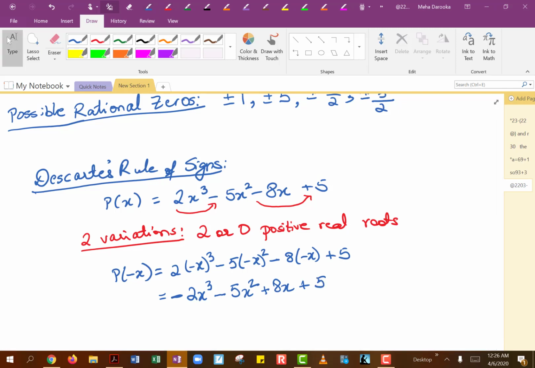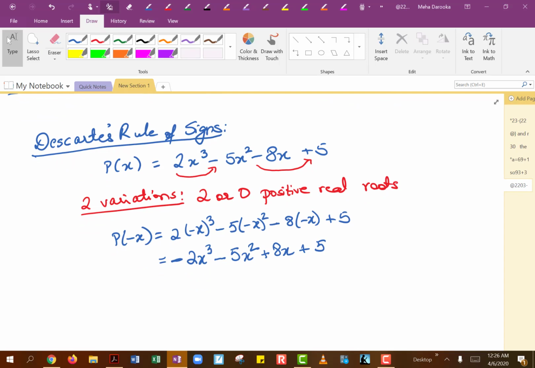Now, let's look at how many variations we've got. So I'm going from negative 2x cubed to negative 5x squared, so that's negative to negative, no change. But if I go from negative 5x squared to positive 8x, that means I'm going from negative to positive, so that's one change. But then when I go from positive 8x to positive 5, that's no change, because you're going from positive to positive.